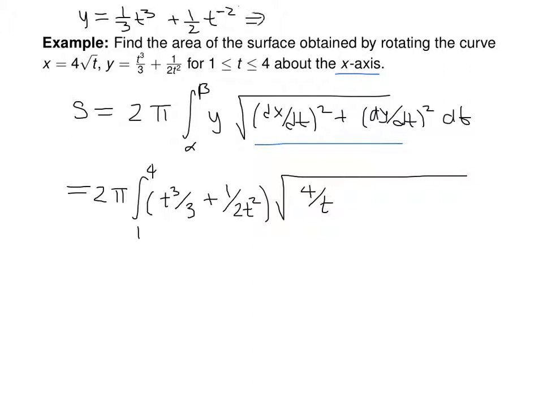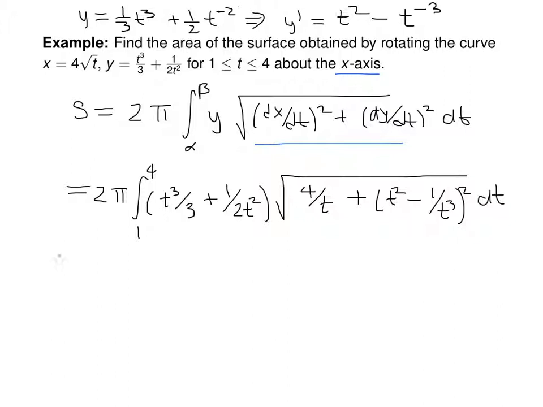So that implies that y prime is equal to t squared minus t to the negative 3. So we'll have plus t squared minus 1 over t cubed, squared, dt. Now that might work out nicely. It's just going to be really icky in the process.